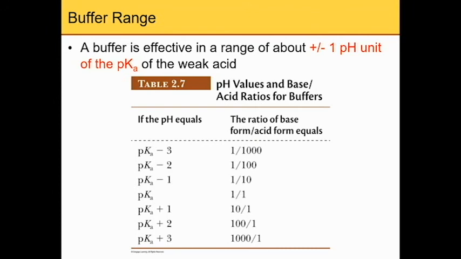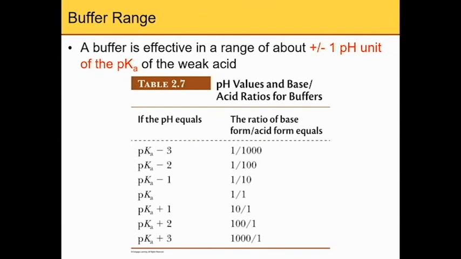And now, if you have 1 acid and 10 times the conjugate base, the pH will be equal to pKa plus log 10 over 1, all right? Log 10 is 1. So that'll be pKa plus 1, all right?